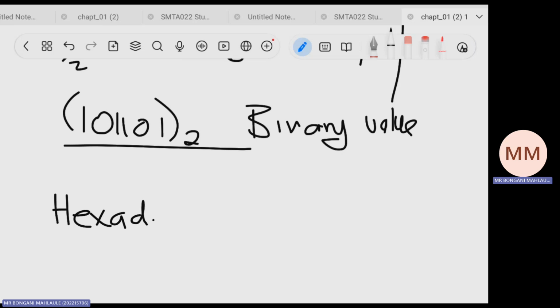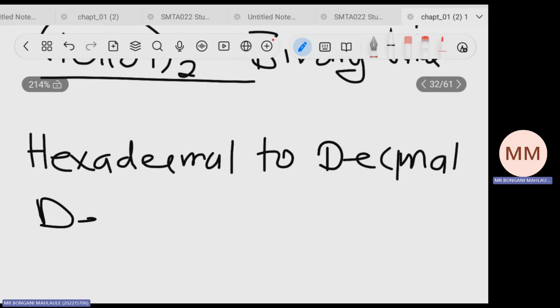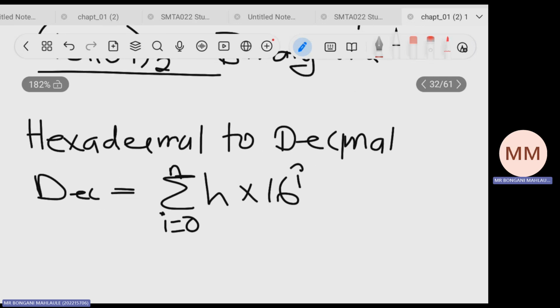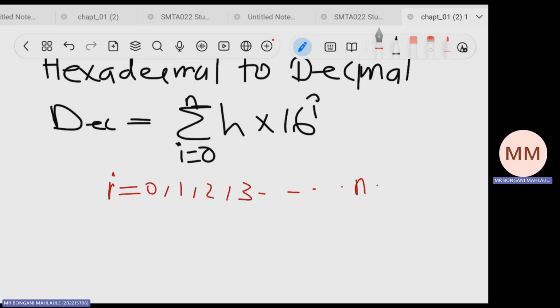From hexadecimal to decimal, the decimal value will be 16 to exponent i. We start from 0 up to n. So it means our i is 0, 1, 2, 3, and so on up to n.